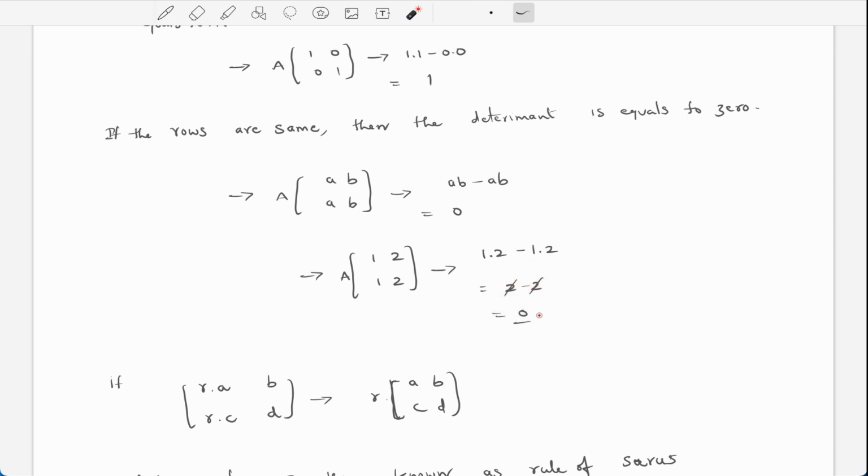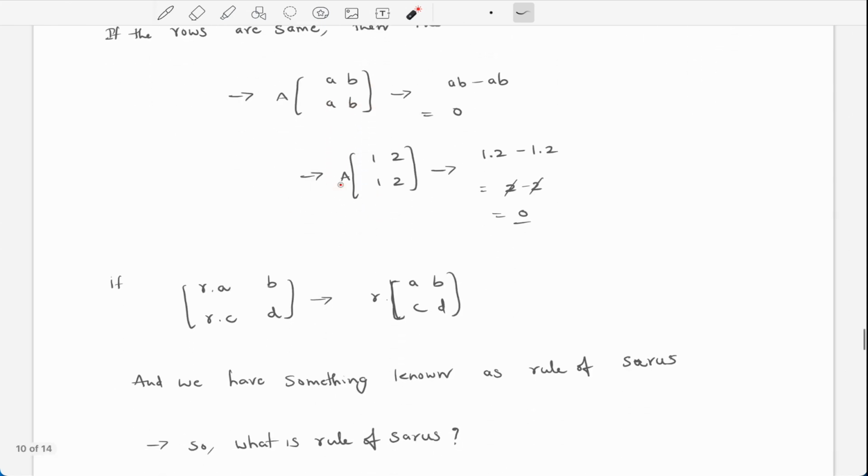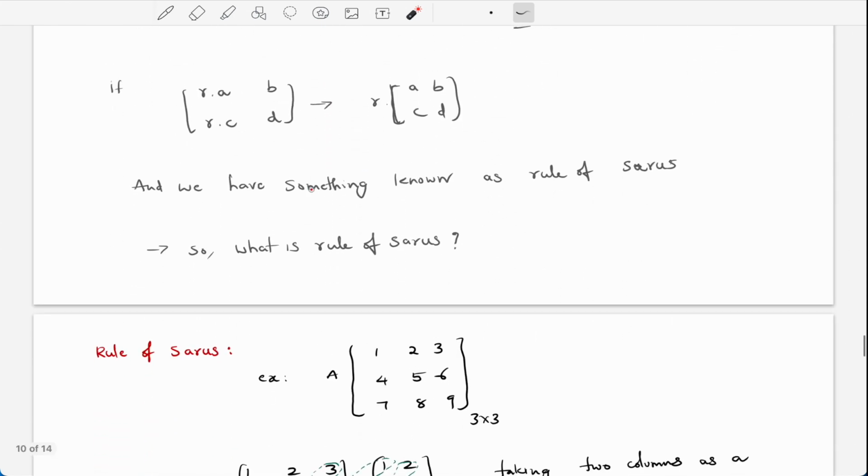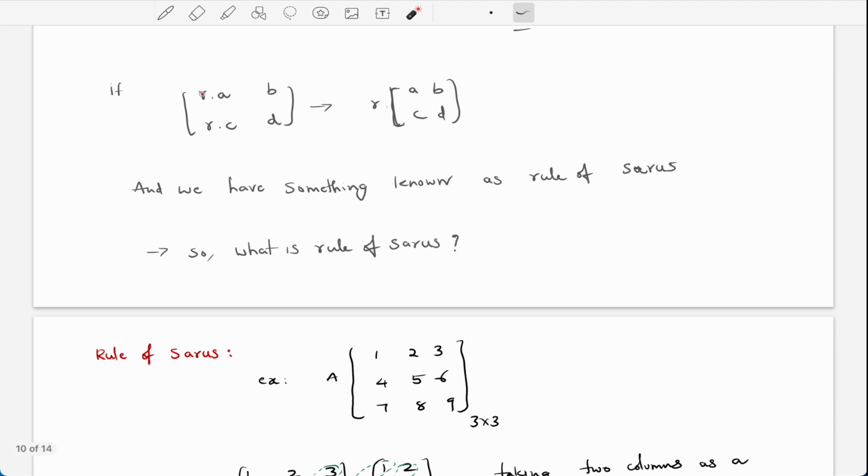You getting it? If the values of the rows are the same, then the answer is 0. And if there is a common factor r out there, we simply bring it out and write the rest as a matrix.